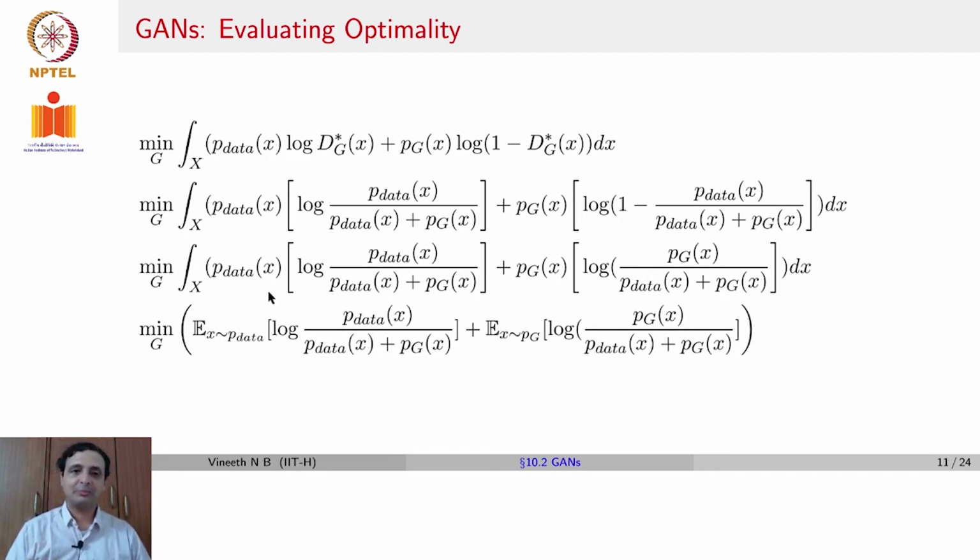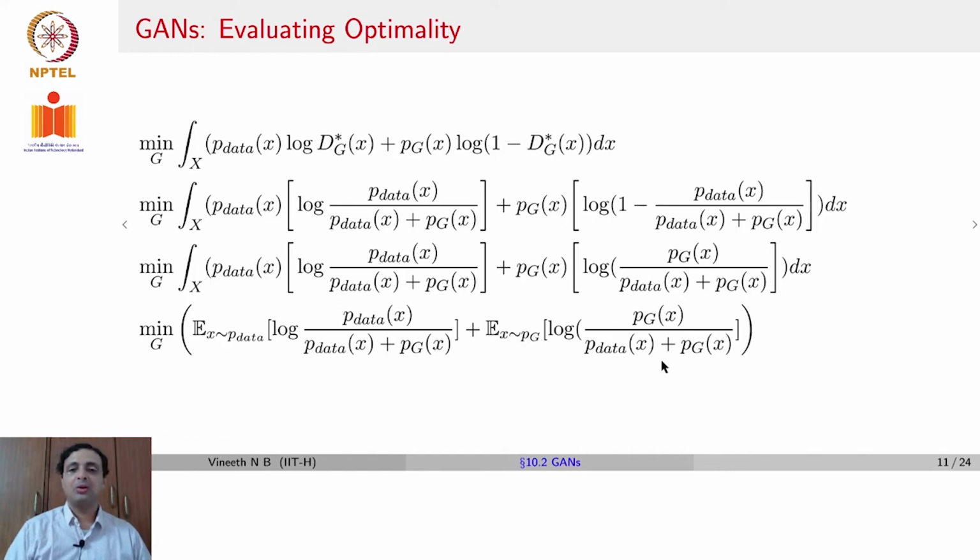We're going to bring back expectation from integral. So the integral over this entire term dx can now be rewritten as expectation over x coming from p data, log of p data by p data plus p g, plus expectation of x coming from p g, which is the generated distribution, log of p g by p data plus p g.